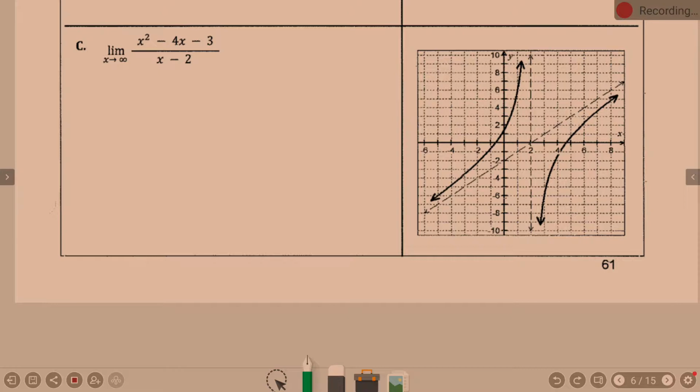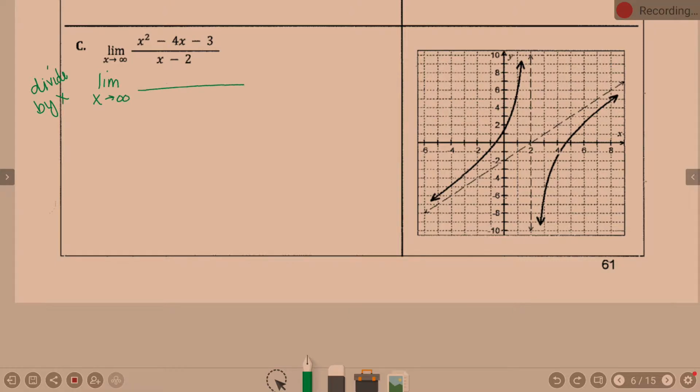This one, if we use our pre-calc rules, what are you going to say about asymptotes? Bigger power on top, no horizontal asymptote, yes? So let's explore what happens if we're dividing by the biggest power on bottom. What are we dividing by? We are going to divide by x. Okay, so the limit as x approaches infinity.